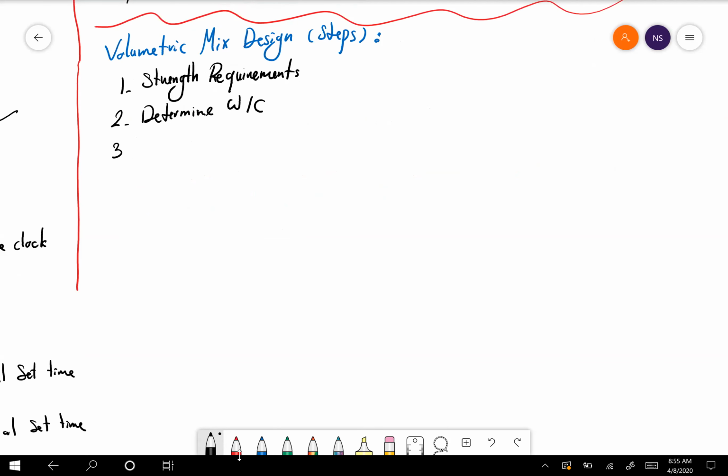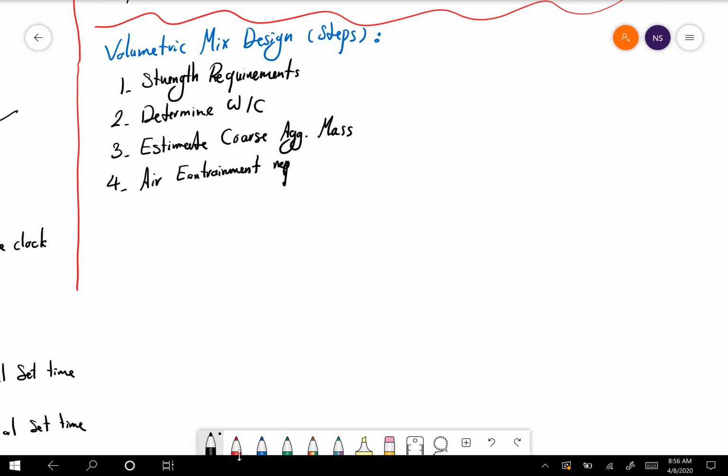The third step is to estimate the coarse aggregate mass, the weight of the coarse aggregate. The next step is what level of air voids you need to have. So, air entrainment requirement.